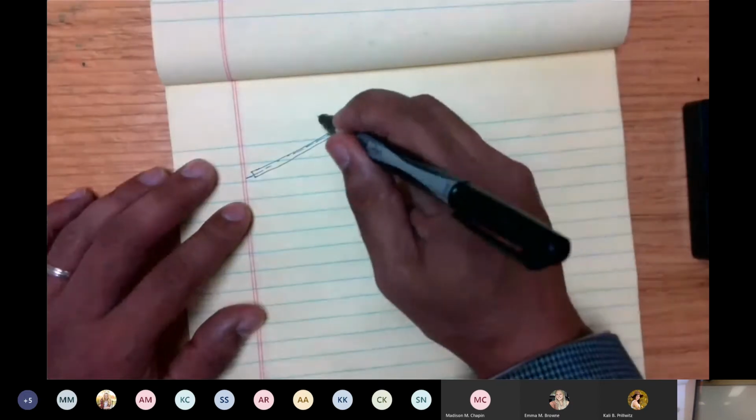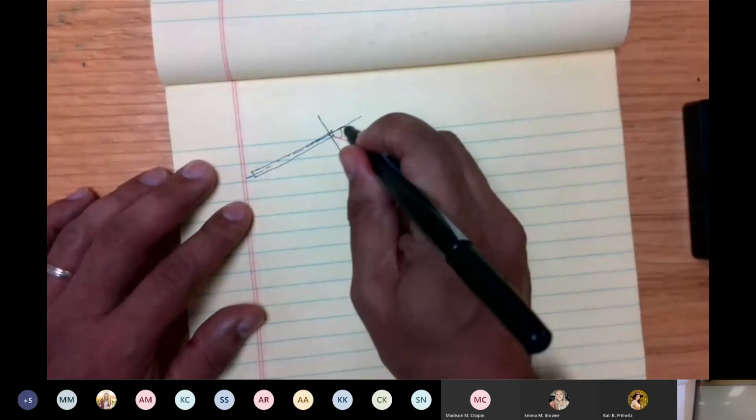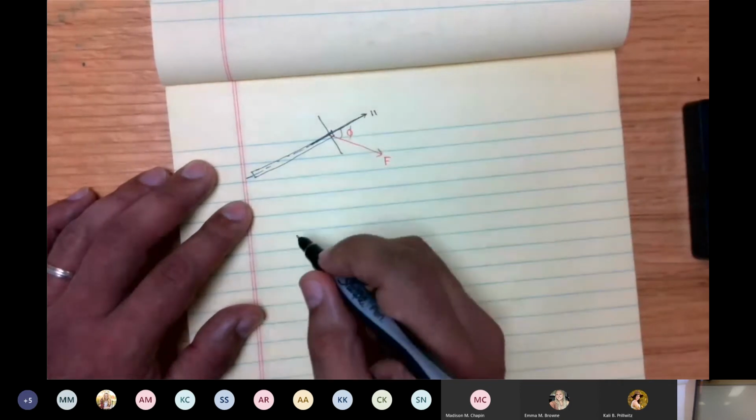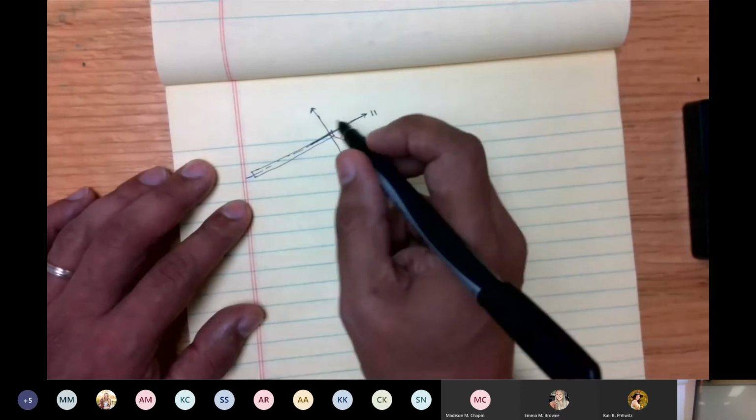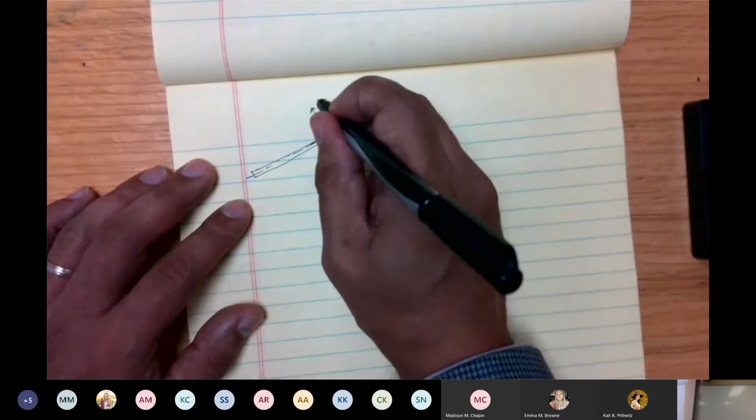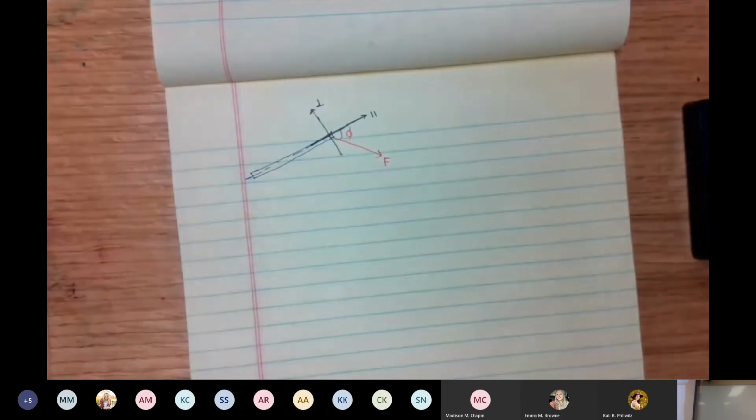The one that's parallel to the radial line, we call the parallel axis, and the one that's perpendicular to the radial line, we call the perpendicular axis. We just call them with those symbols over there.